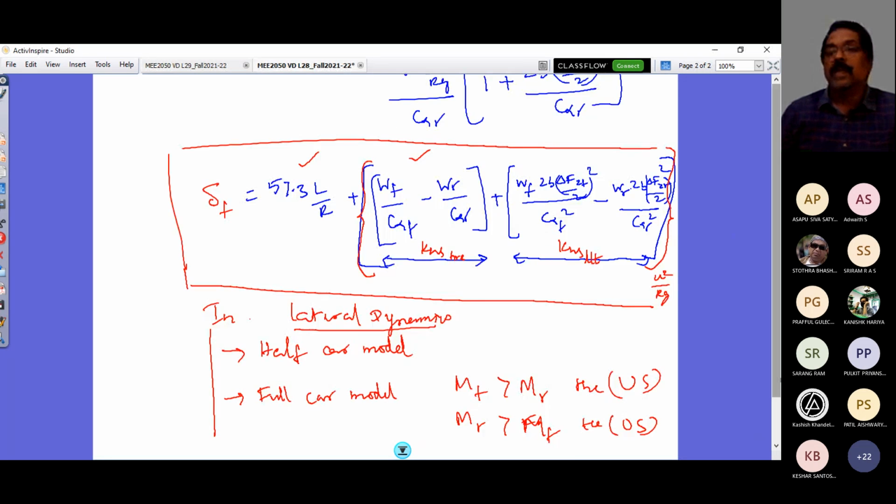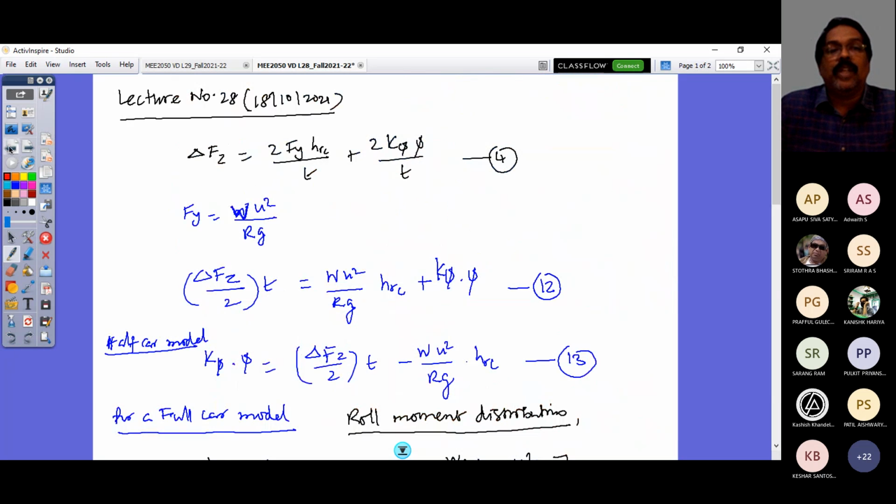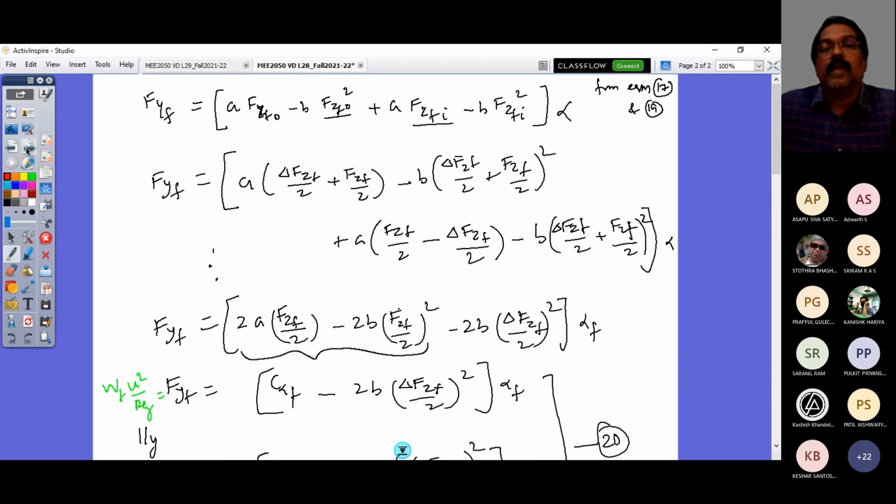So in the last class, we completed this derivation and we understood the effect of suspension in hard cornering. So our bicycle model has improved, accounting the suspension effect also into our study.